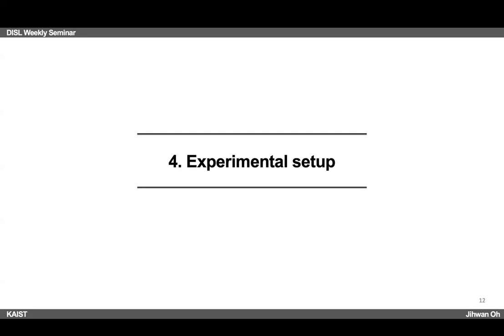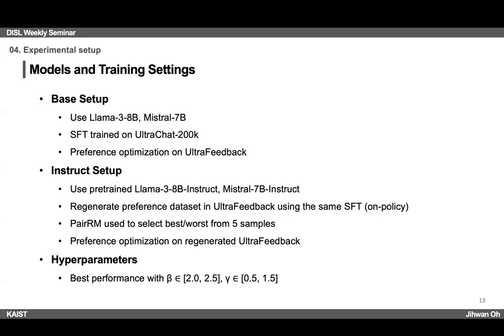Now let's see the experimental setup. This slide describes the model families and training setups used in the experiments. The authors use two model families, Llama 3 8 billion and Mistral 7 billion. There are two different setups, base and instruct.